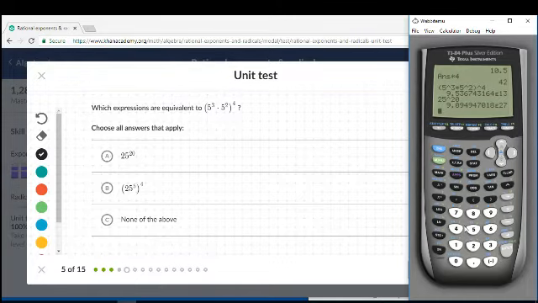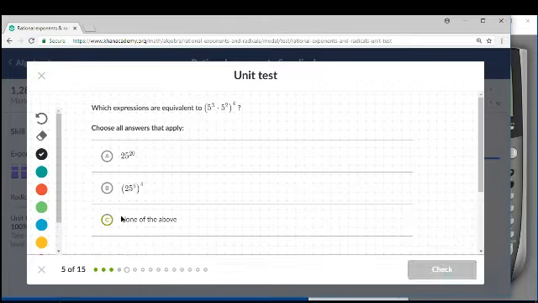That's not the same value. And we can do 25 to the 5th to the 4th. And notice that these are not equivalent.